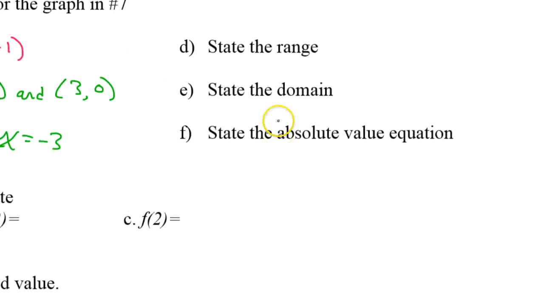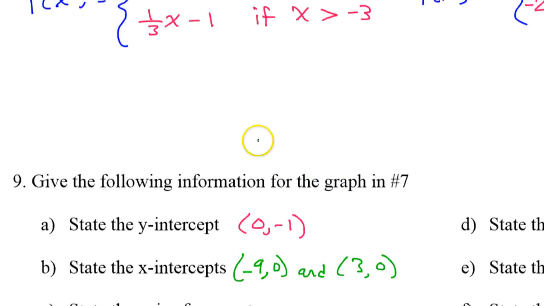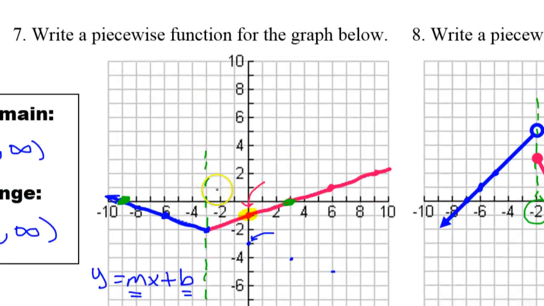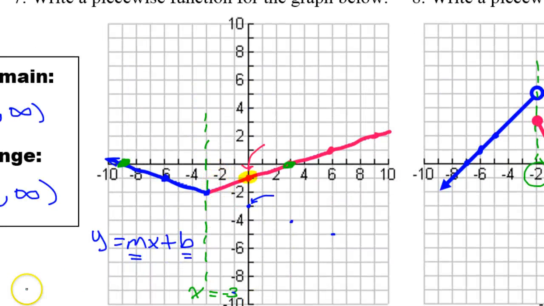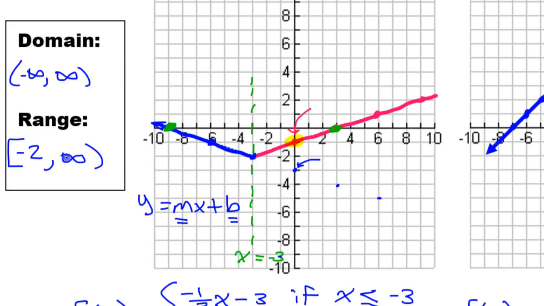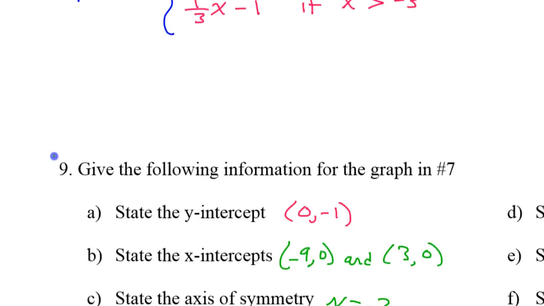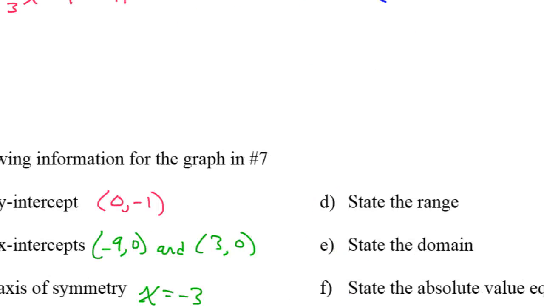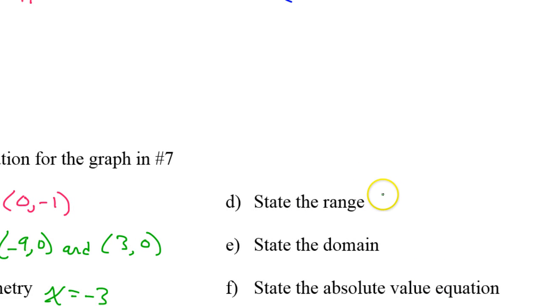All right, the domain and range, we already did that. The range was -2 to infinity, and then the domain, all right, so the domain was -infinity to +infinity, and the range was -2 to infinity.